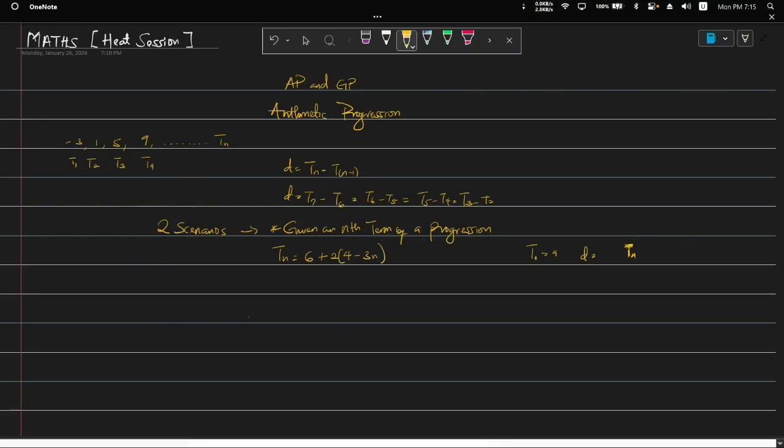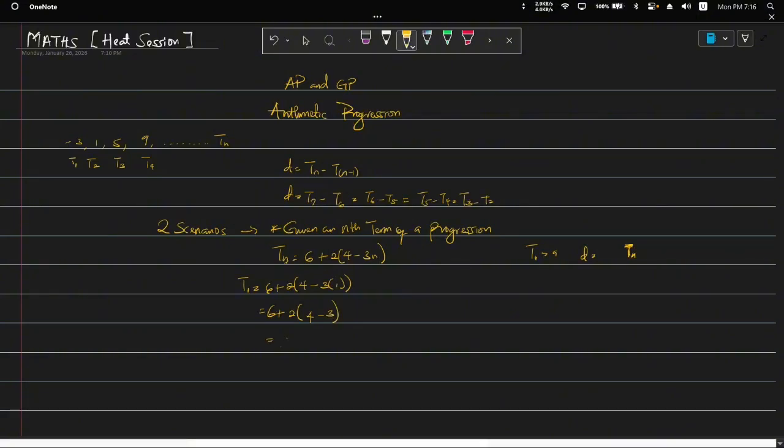Now let's say we are asked to find the first term in this question. The first term, T1, is just going to be 6 plus 2 into bracket 4 minus 3 into bracket 1. How do we have this? Because our n has changed to 1. Whenever we have n inside the equation, we put 1 there. Does it make sense? Which becomes 6 plus 2 into bracket 4 minus 3 times 1, which is minus 3.